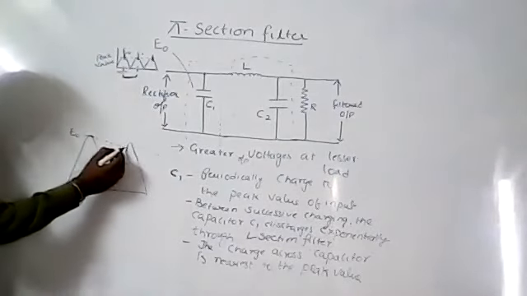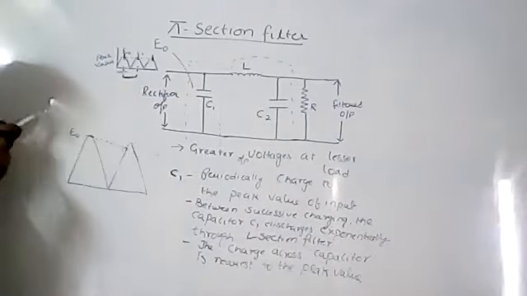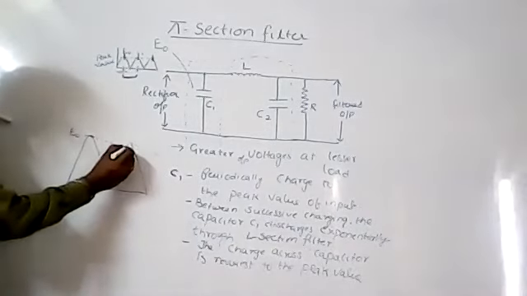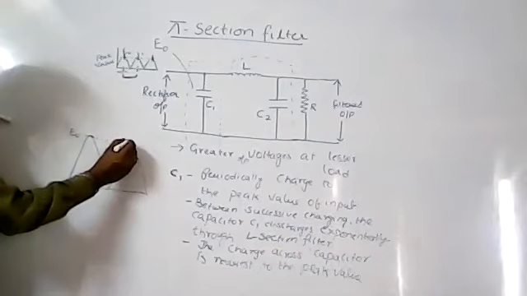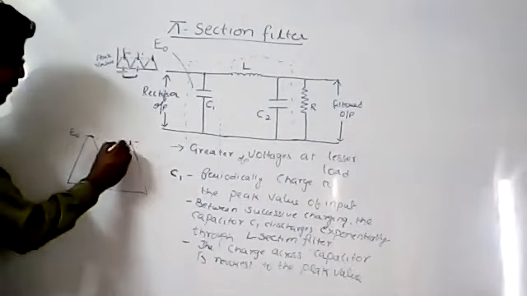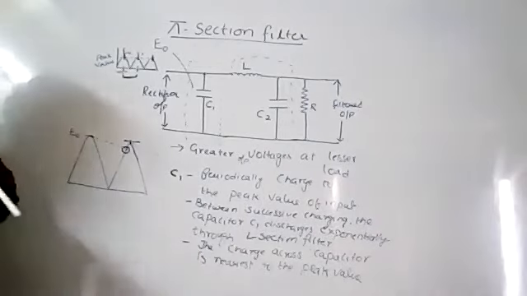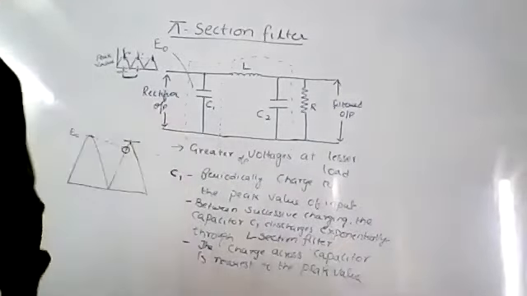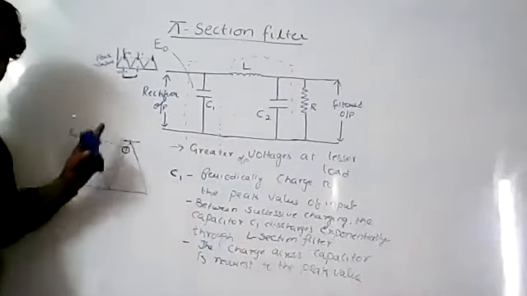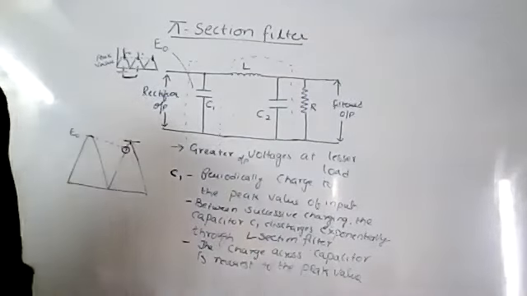Now after discharging, this value is very nearest to the peak value. That is what I wanted to say. After discharging, the charge across the capacitor will be nearest to the peak value.